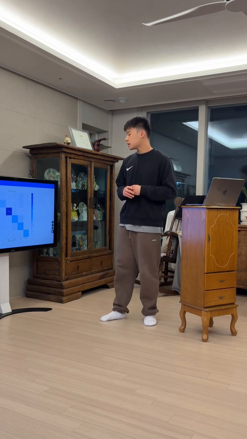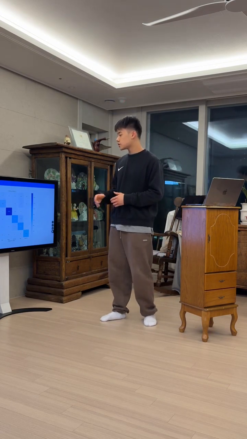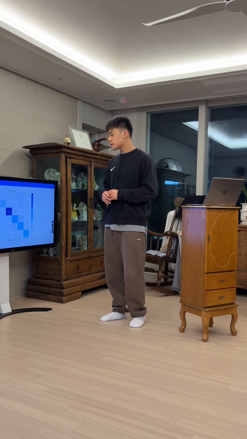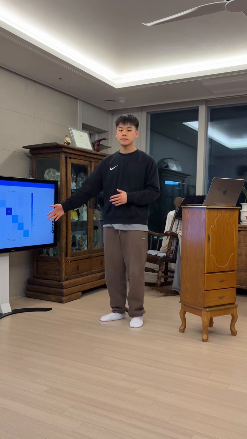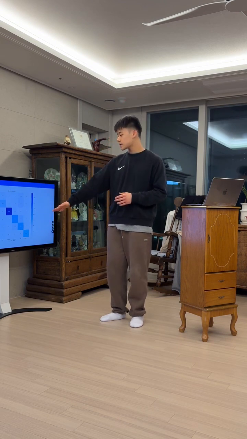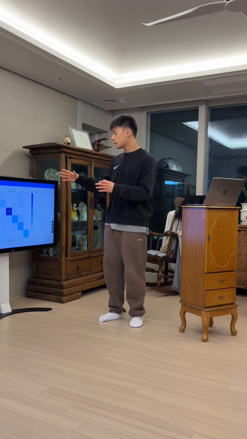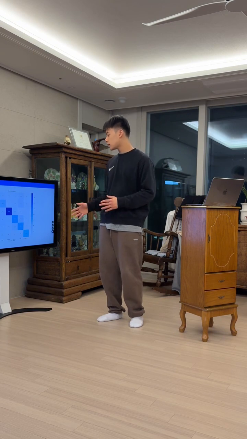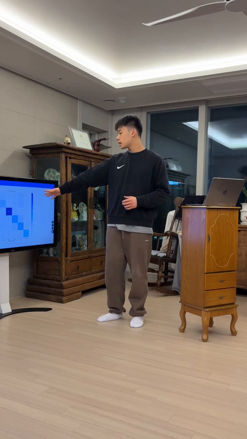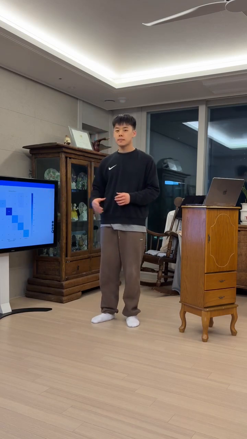Right now I'm showing you the confusion matrix chart. It's a chart that has a y-axis and an x-axis. The y-axis is the actual labels, and the x-axis indicates the model's predictions. There are a lot of boxes in one square, and the lighter the square is, the less accurate the model was.